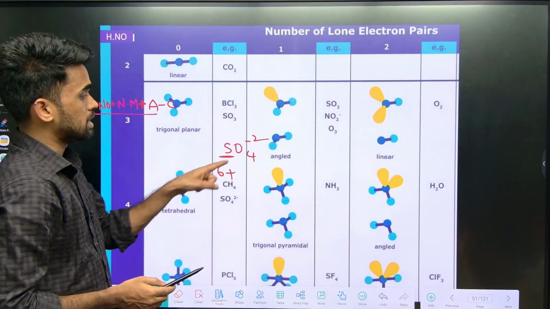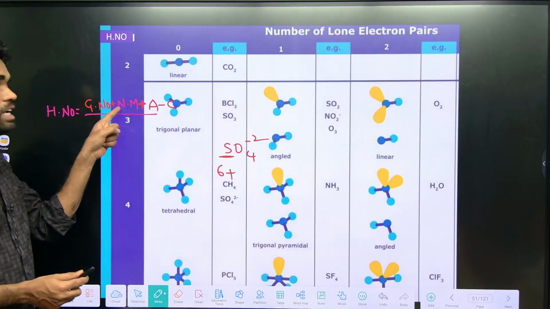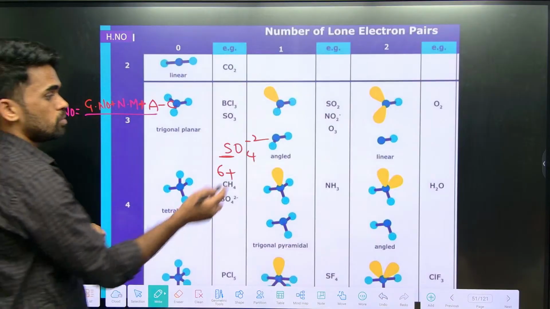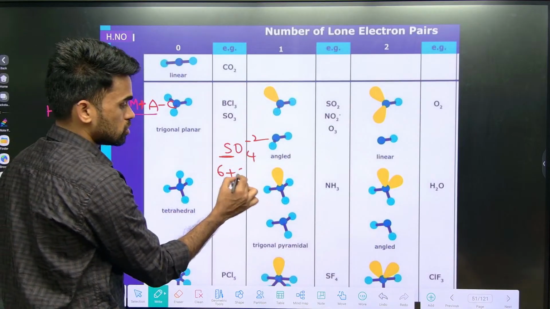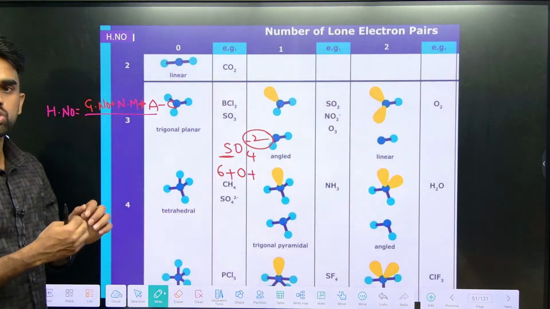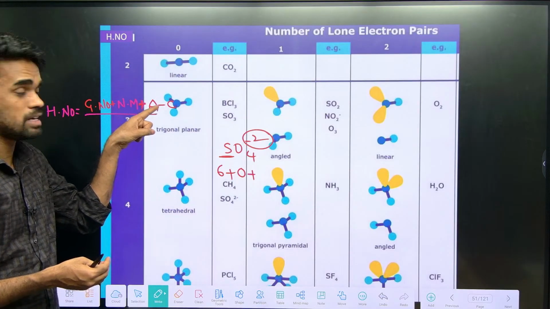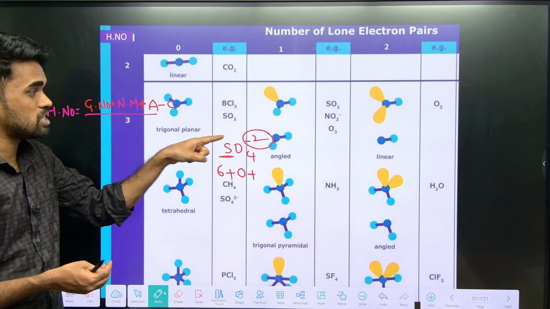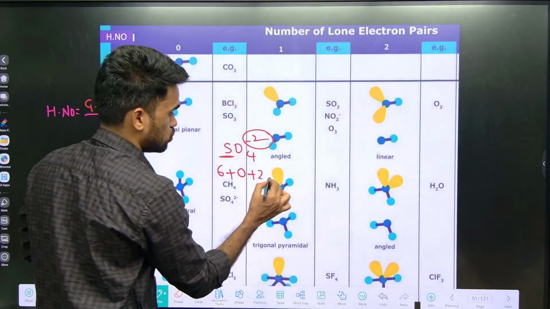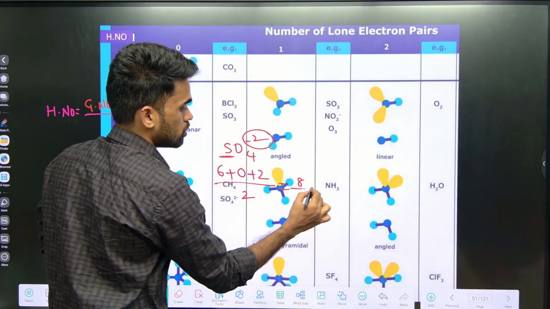Next, oxygen is divalent, so don't consider it; we only consider monovalent atoms. Is there any monovalent atom here? No, so 0. What is the charge? Minus 2. Should I add or remove? That's what plus A indicates: A means anion, and whatever the charge is, you add it here. So 6 plus 2, 8, divided by 2, is 4.